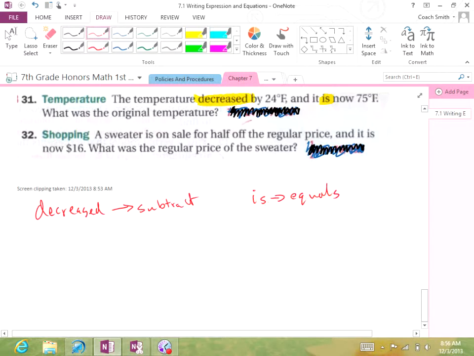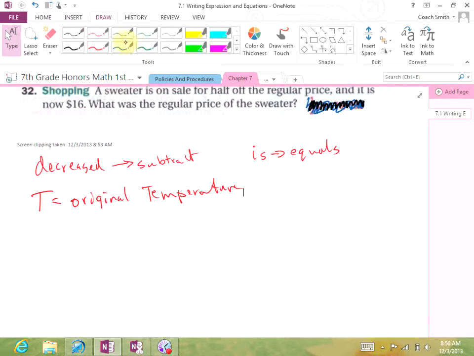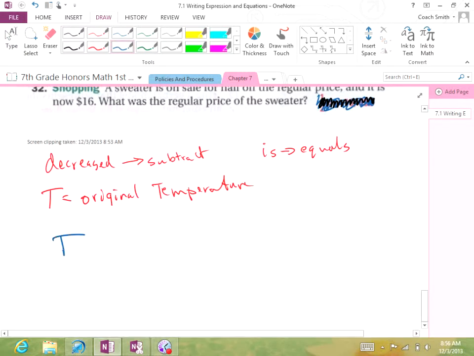All right, so do we know what the original temperature was? No. So we're going to say T is equal to the original temperature. Okay, the original temperature was not 24. The original temperature we don't know. Okay, but we do know this. We do know that the original temperature is T, and what did we do to that original temperature?